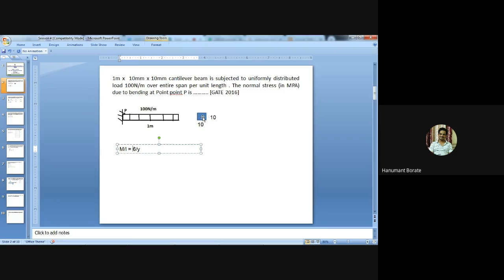Neutral axis is the axis of a cross section with a neutral layer, and neutral layer means at that layer there is no tensile or compressive stress. Actually, this bending stress is nothing but the normal stress.